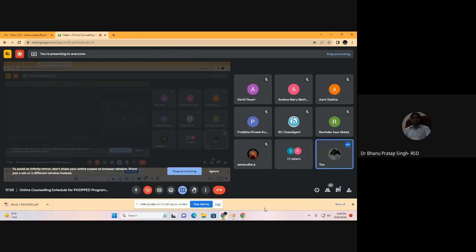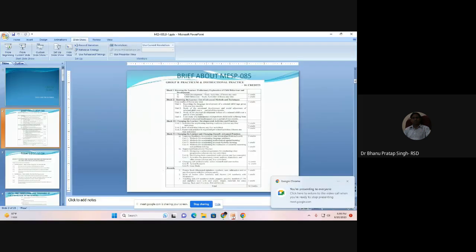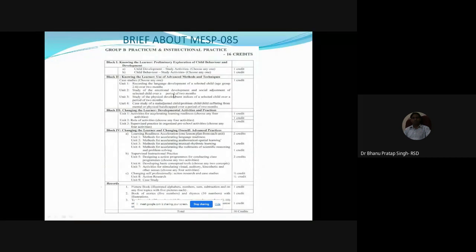Okay, so I am just sharing one slide for you, just reminding you what we have to do for completion of block 2 activities. If you see this chart, as I discussed yesterday in detail, today we have discussed block number 2, and there are 4 units, but you have to choose only one activity.